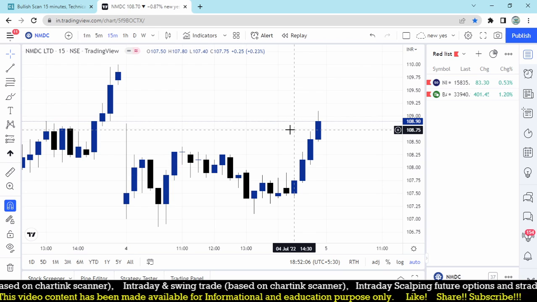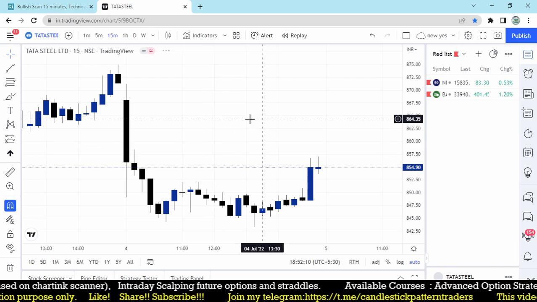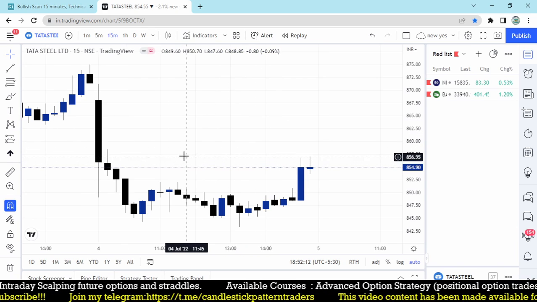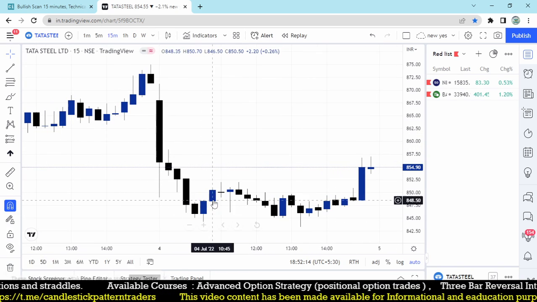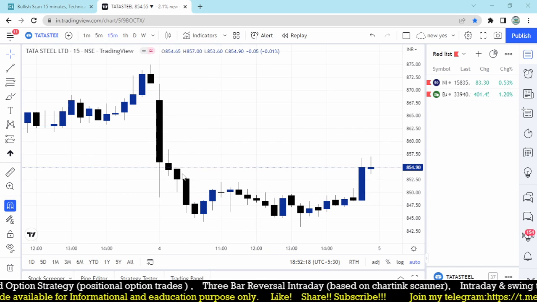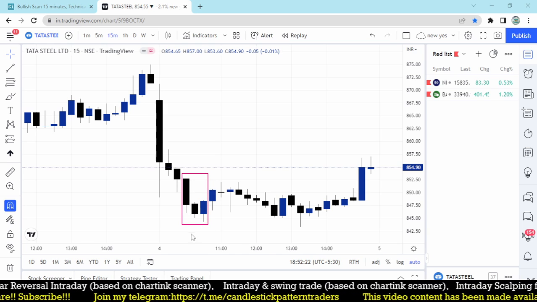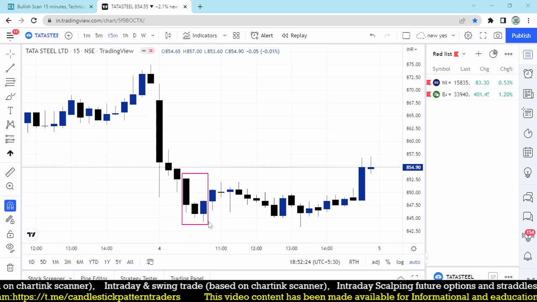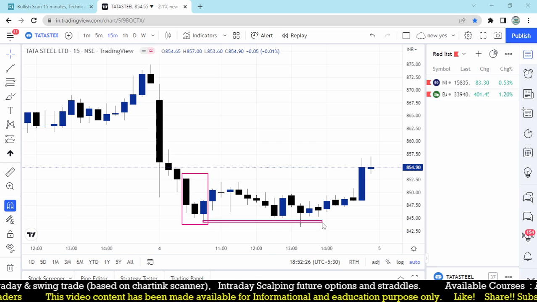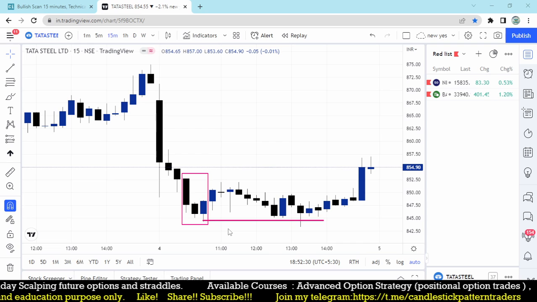So to find the pattern, if the pattern doesn't form, let's say this one. This looks like Tata Steel, which came around 10:30. Okay, Tata Steel, it is a valid 3 bar pattern. Sorry, it is not a valid 3 bar pattern. If it is a valid 3 bar pattern, when this low is broken, it may be a stop loss trade, but it is not a 100% 3 bar pattern.